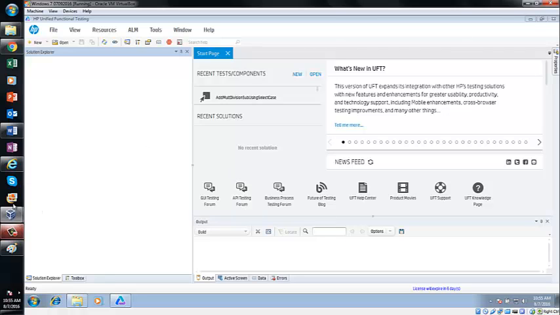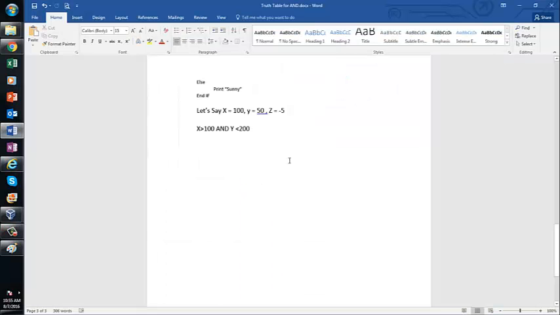Now take a look here. You have solved this expression, right? Can I give you one more expression here? Let's say x greater than 100, and z less than minus 100.